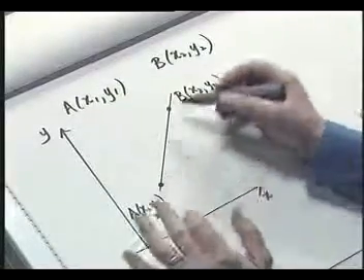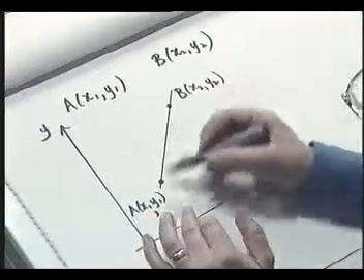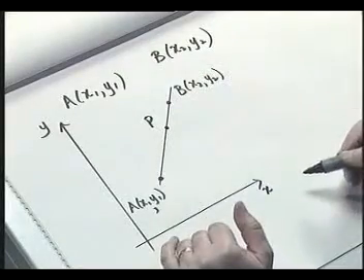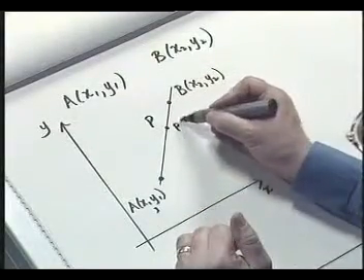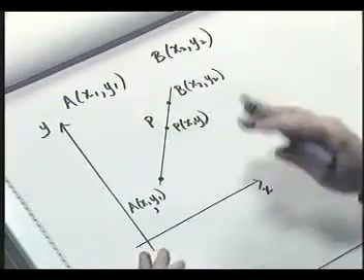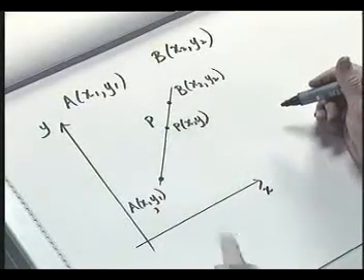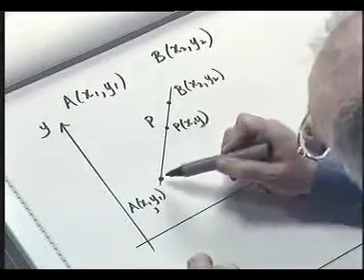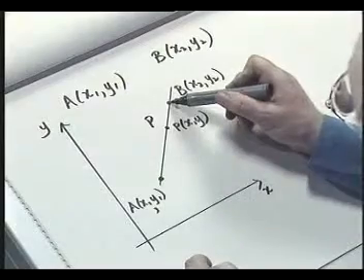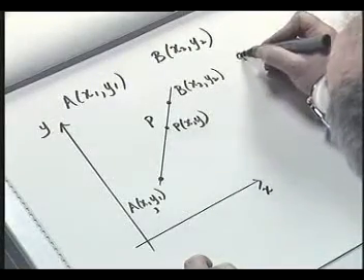Suppose we pick an arbitrary point on the line, anywhere along the line at all, and let's call that point P. P is an arbitrary point, and let's suppose its coordinates are x and y, for any arbitrary x and y on the line. Now what we do know is that the gradient of AP is the same as the gradient of AB. Let me write that down.